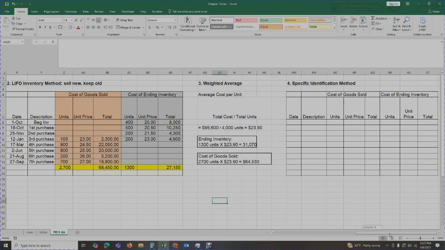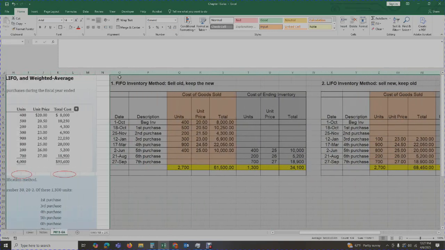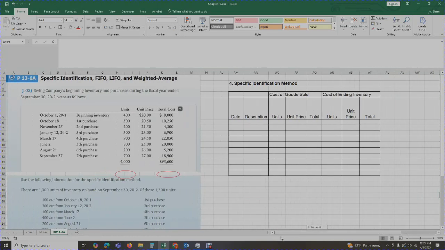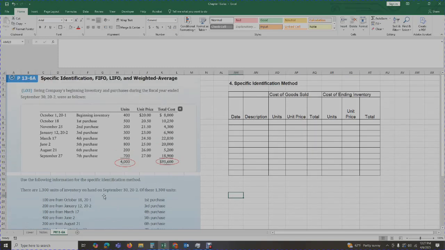It's very similar to the one we were doing. I'm going to go ahead and hide all of this because I'm going to need information from the problem. So I want to make sure I have it available. For the specific identification method, we are going to be using the information provided to you there on the bottom.